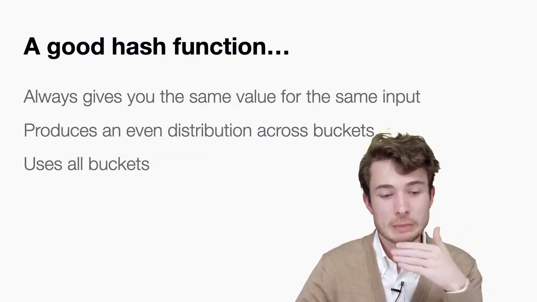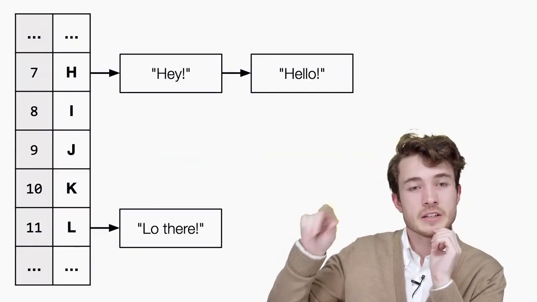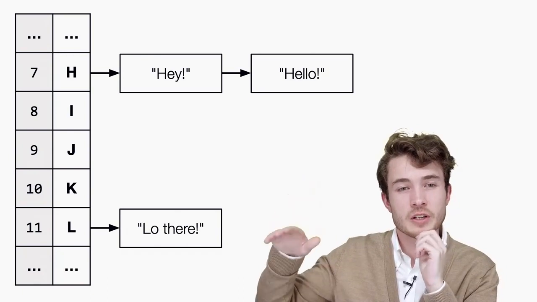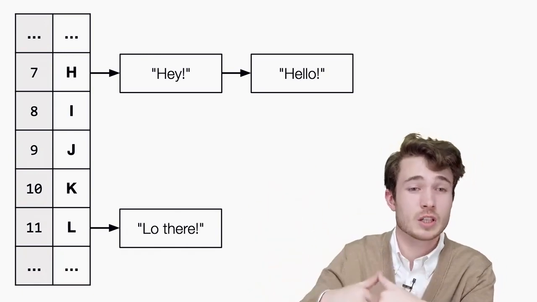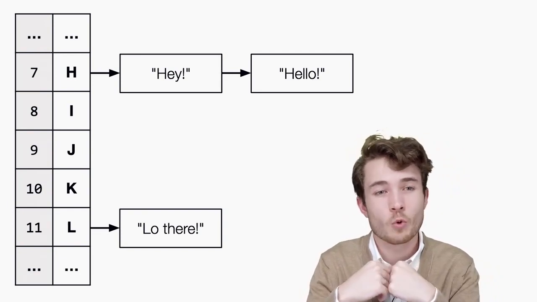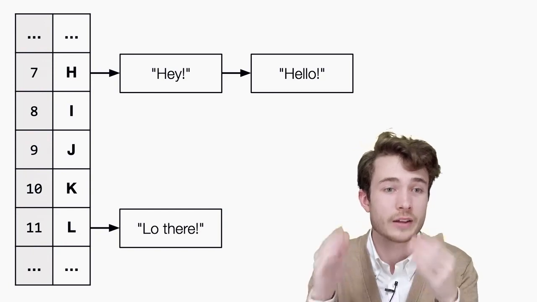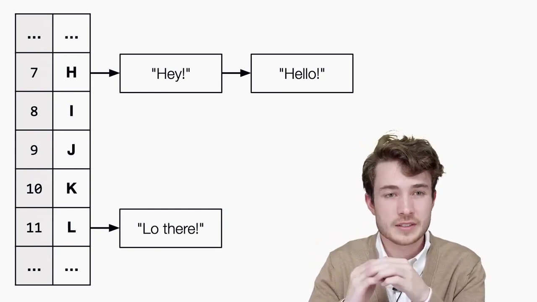If you think about our buckets here, we want to make sure that the nodes in our linked list are going to go in every bucket. We actually have a lot of I words, a lot of J words, a lot of K words. And here, the way we hash this isn't going to do that for us. We're not going to actually have any words that start with I or J or K, so we should probably think of a new hash function to use in this case.